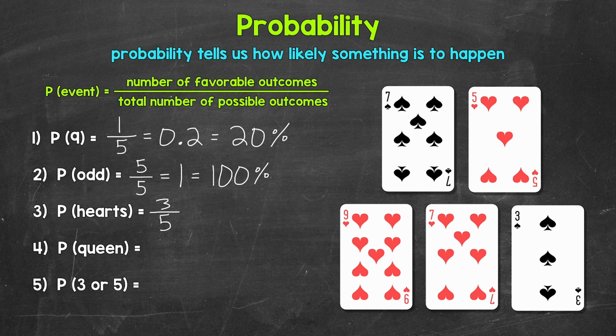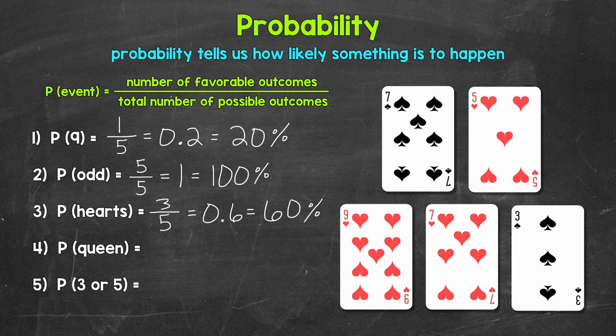We have a 3 out of 5 chance of picking hearts. As far as our decimal here, 3 divided by 5 gives us 0.6, 6/10. Then we can multiply that decimal by 100 to get our percent. Our percent here is 60%. And that's our probability of picking hearts.